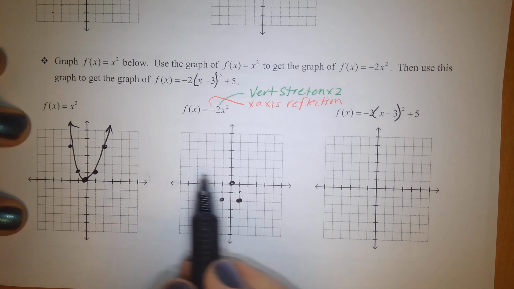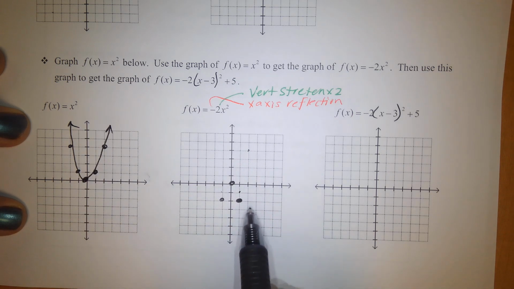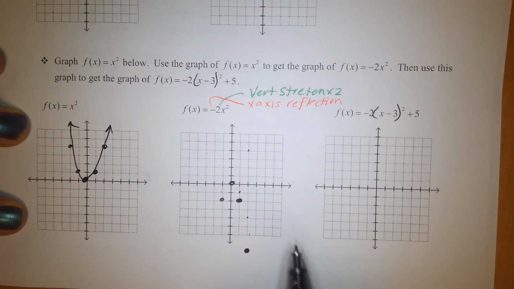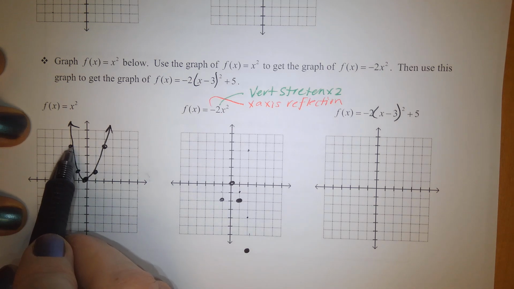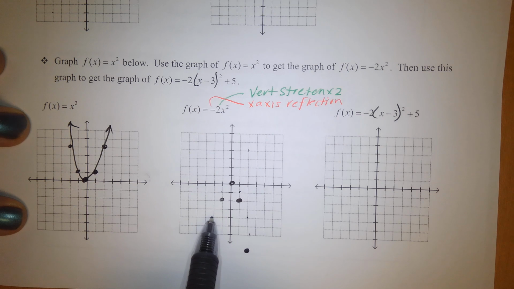This point at 2, 4, which is right here, is going to reflect over the x-axis, but then it is going to stretch by 2. This point over here at negative 2, 4 is going to reflect over the x-axis, and then it's going to stretch by 2.